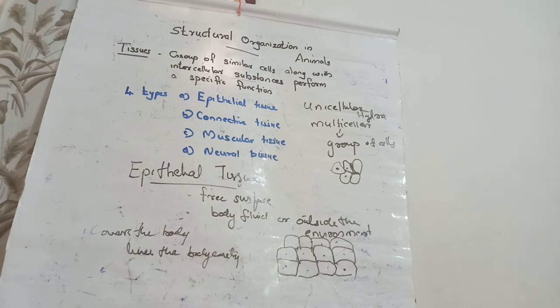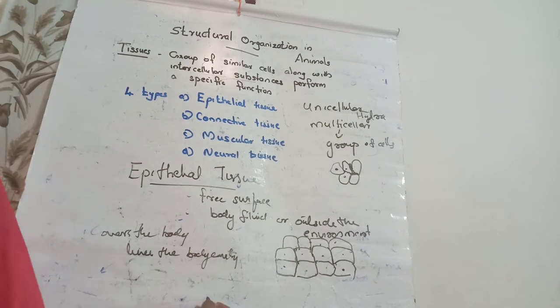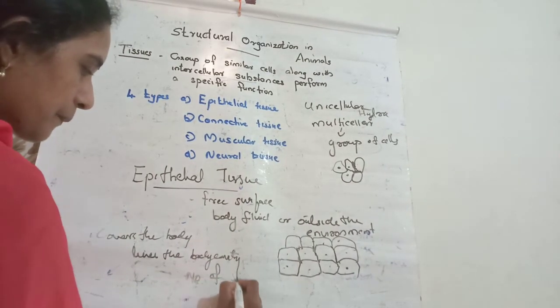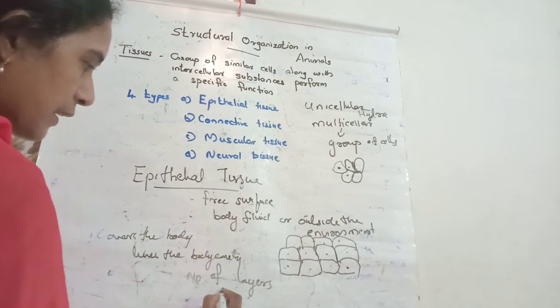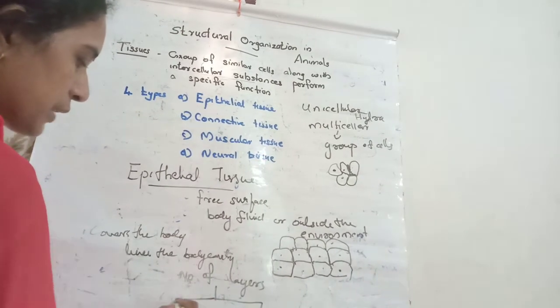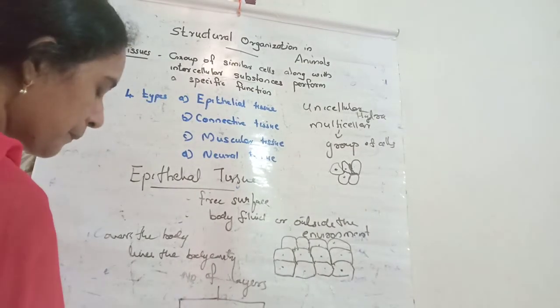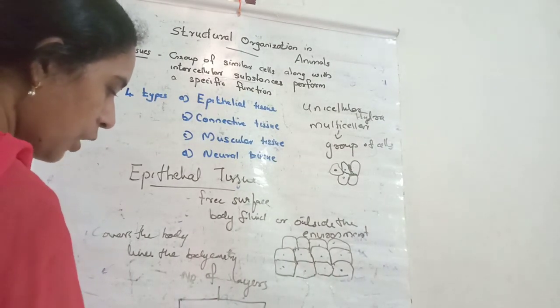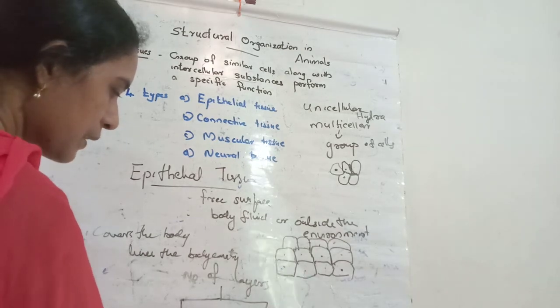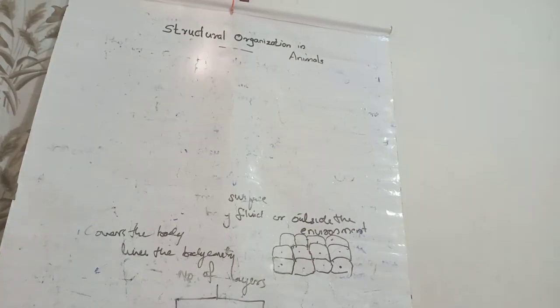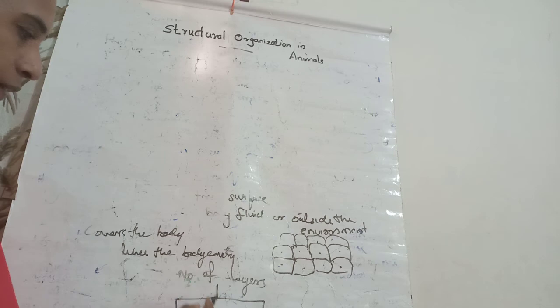Based on the number of layers, epithelial tissue is of two types: simple epithelium and compound epithelium.